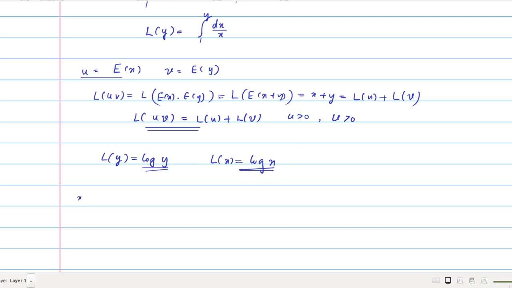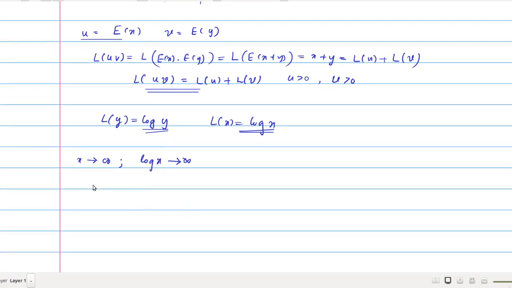Now we can get as x tends to infinity, this log x tends to infinity. So these are the interesting consequences of this capital L inverse function. So you can easily find out all these things using the property of E itself.